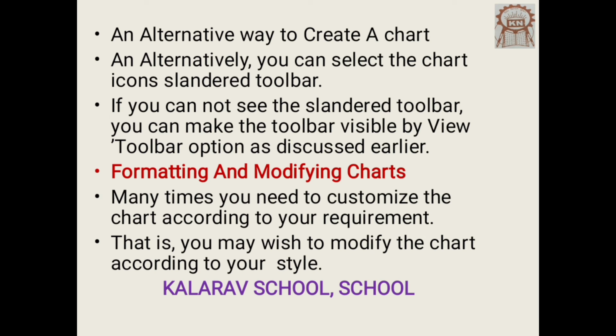If you cannot see the standard toolbar, you can make the toolbar visible by the view toolbar option as discussed earlier. Figure 8.6 also shows some labels indicating elements of chart. These table labels are described in your textbook page number 159.